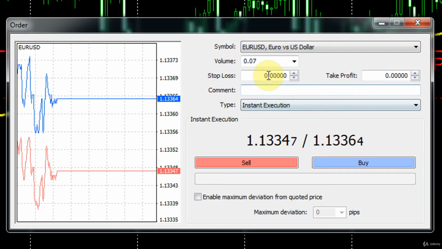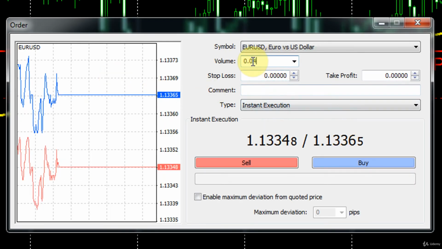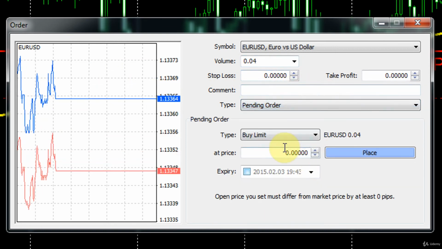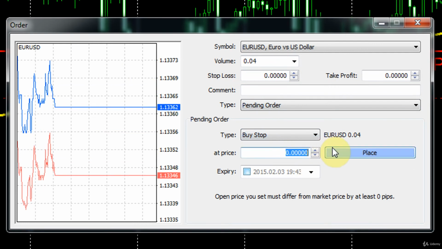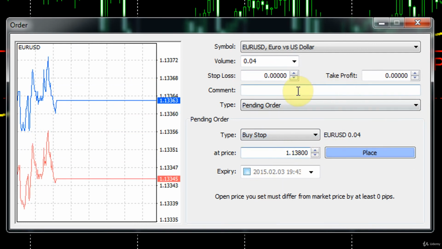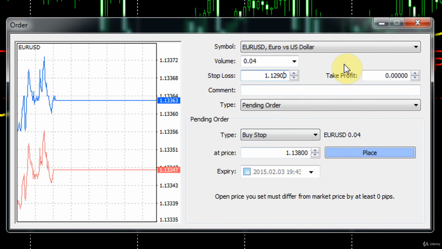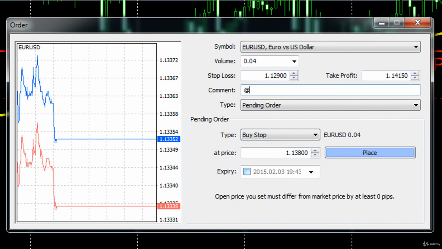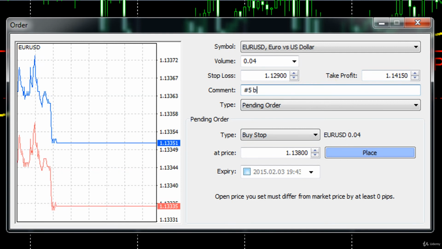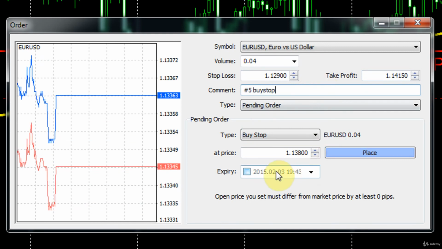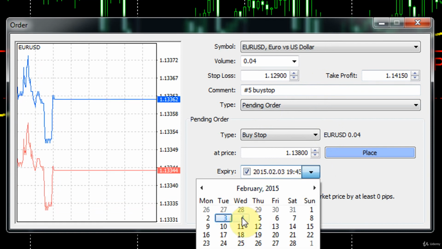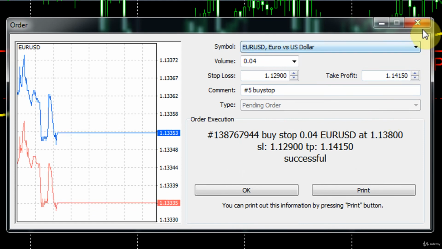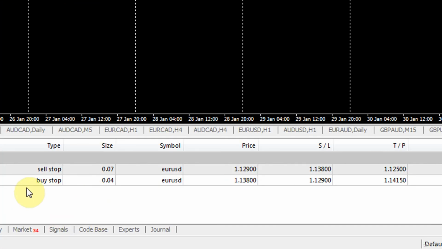So 0.04, pending order, buy stop, 1.1380, stop loss 1.1290, take profit 1.1415, number 5, buy stop, expiry date, check everything, place. Okay, that should be done. So that's our sell stop, that's our buy stop.